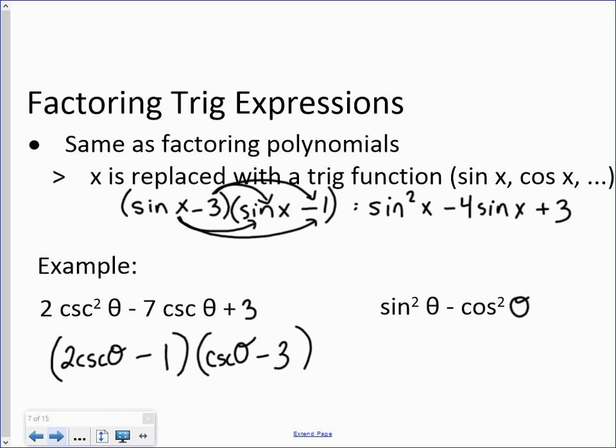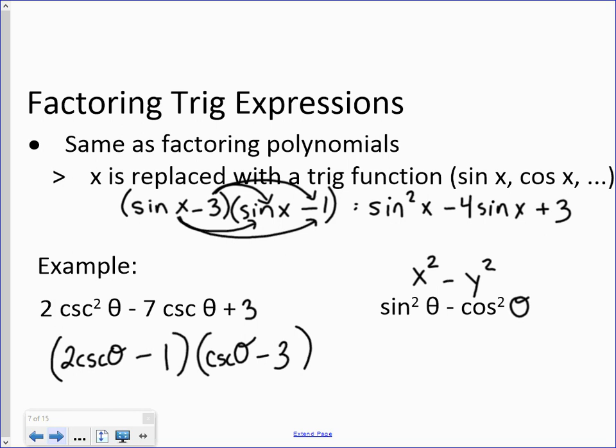So this is one just to give you an idea and some experience. This is kind of like x squared minus y squared, if I was thinking about it like variables. And then some people might say, well, I'm still not sure how to factor x squared minus y squared. Think about it like this.